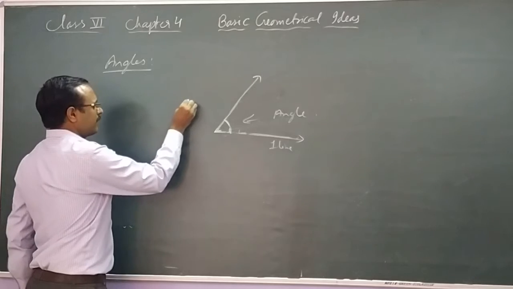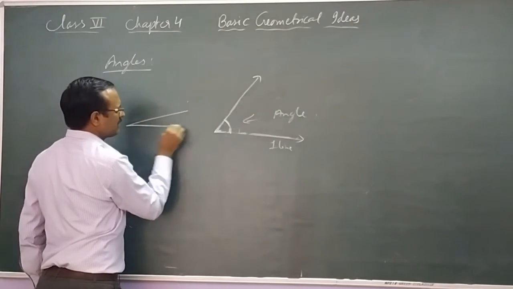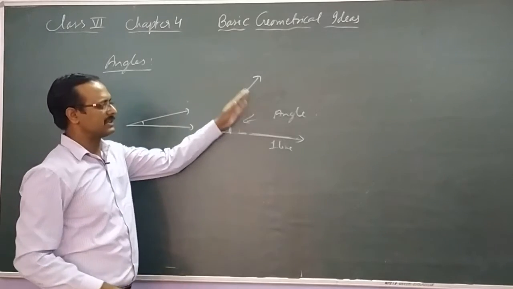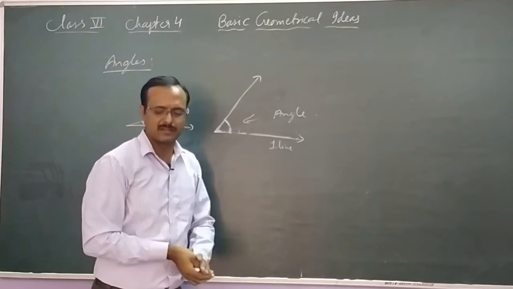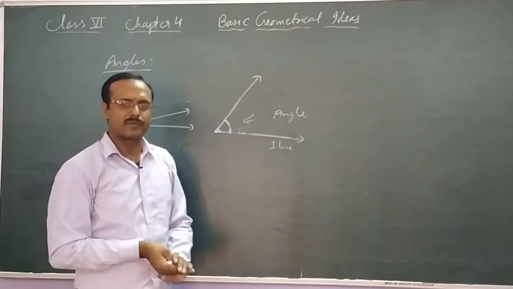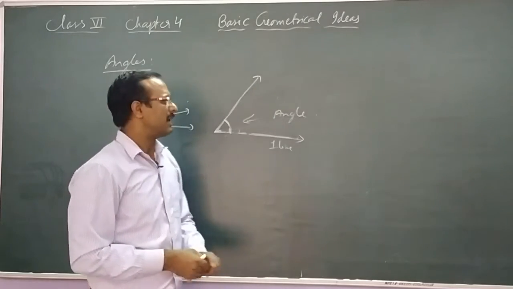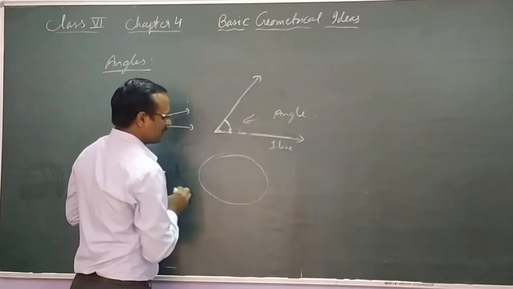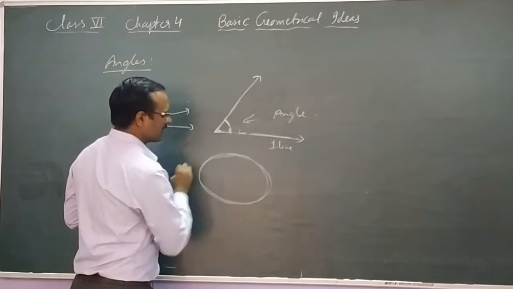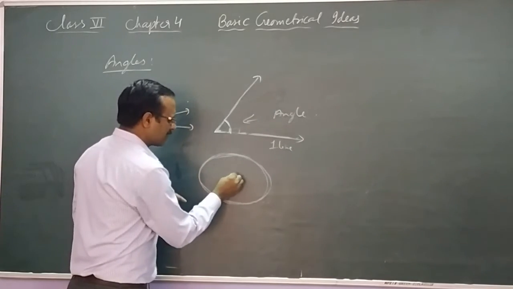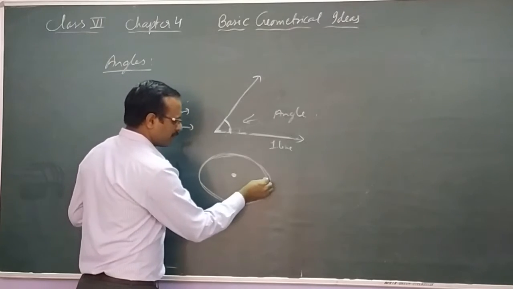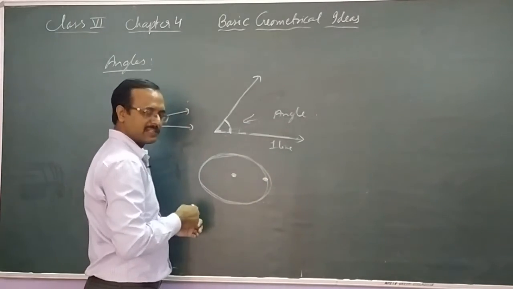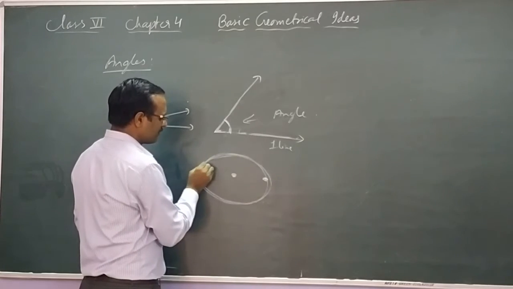If there is less rotation, it will make a small angle. If the rotation is large, it will make a bigger angle. So all such rotation of an object is measured through the angle. Suppose there is a circular disc and it is rotated about some point, and you make a point here. If you start rotating this disc, this point may go here.